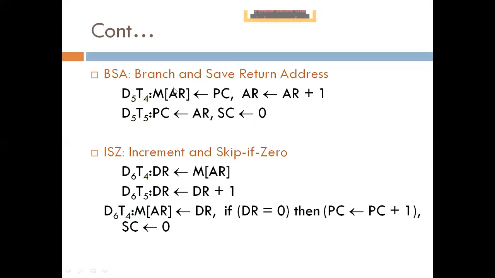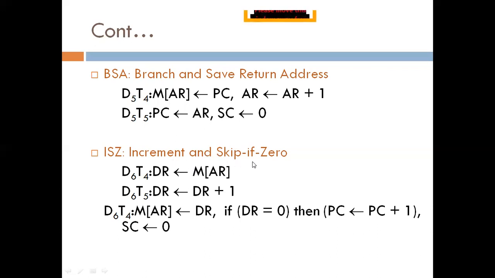At the particular address given by the AR register, the value of the program counter is going to be stored, and then it is incremented. Now that particular value of AR is once again stored into the PC. So that is called the branching, and the return address is going to be stored in AR.